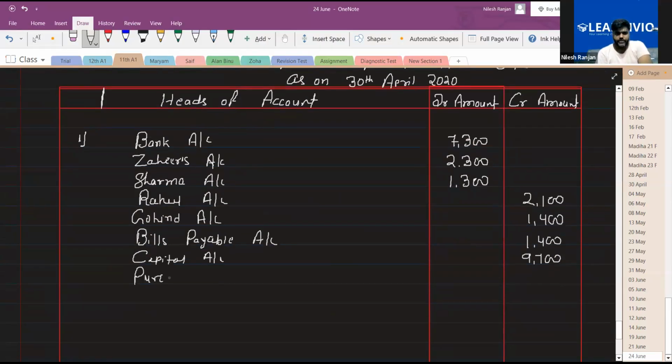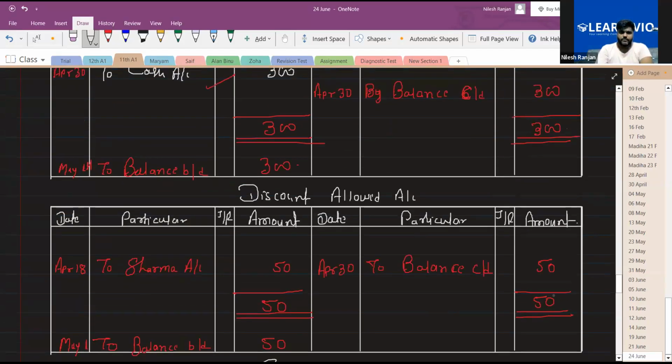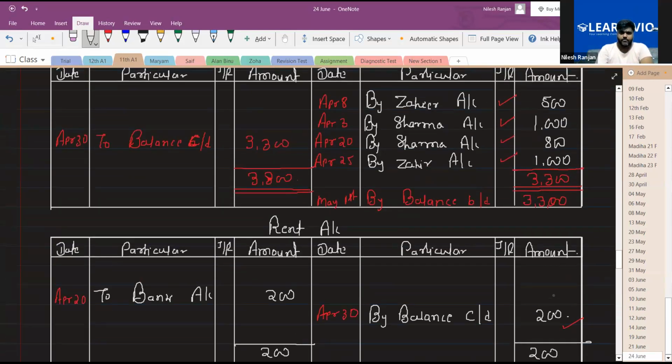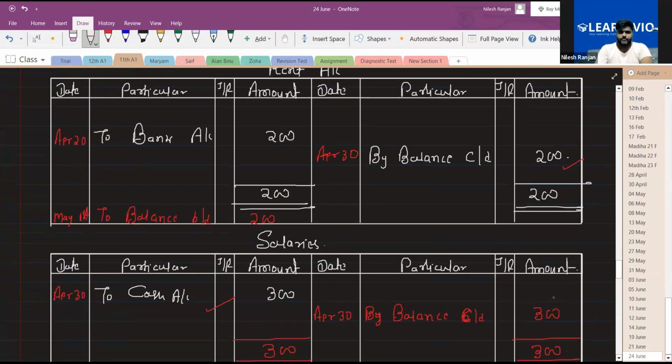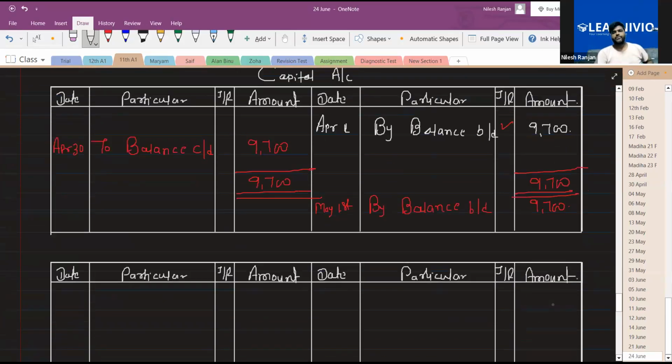Purchase will be on the debit, 2,100, and sales will be on the credit, 3,300. Rent 200, salary 300.